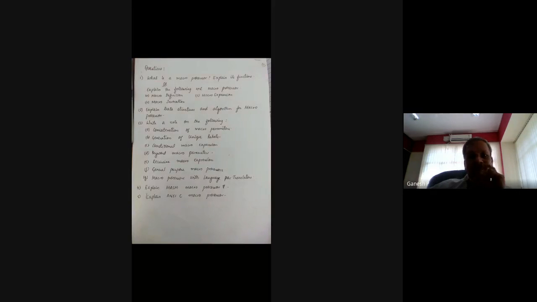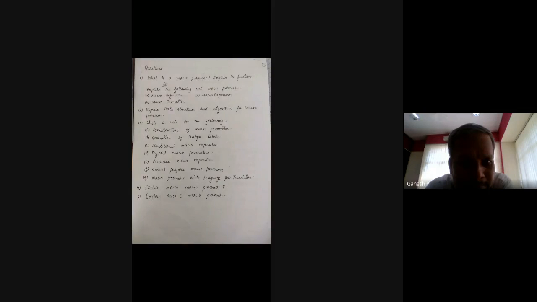Data structures and algorithm for macro processor. That is also important. Then coming to the third question, out of 7, let us pick the first.